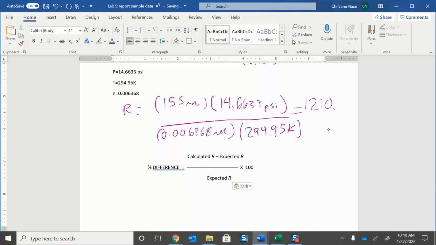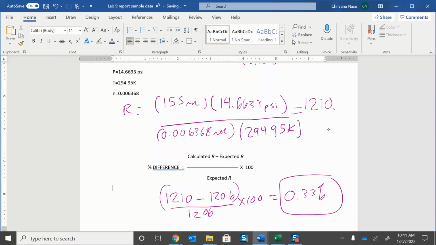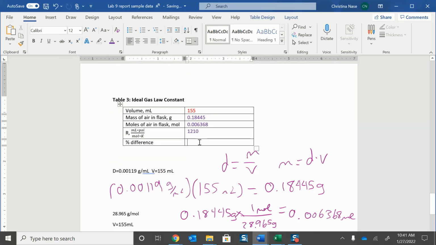So my percent difference is going to be 1210 minus the expected 1206, divided by the expected 1206, times 100. When I work that out, it's pretty close. I end up with a 0.33 percent difference. That's really good. Cool. That's my final answer there, 0.33%.